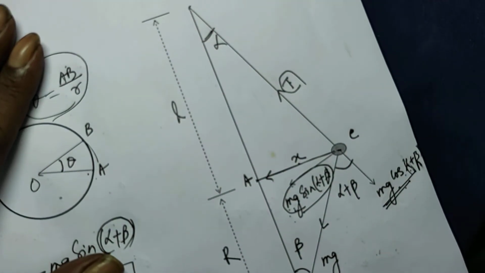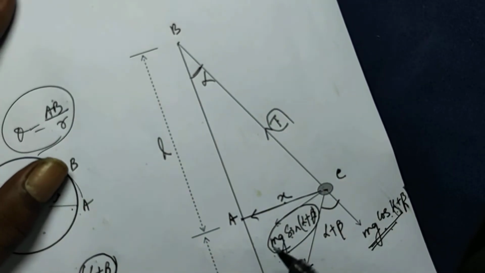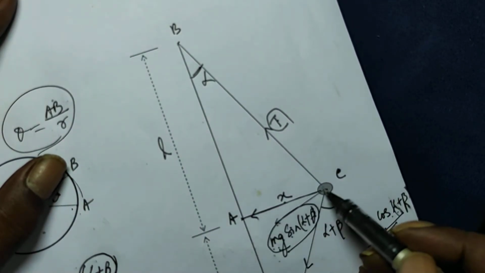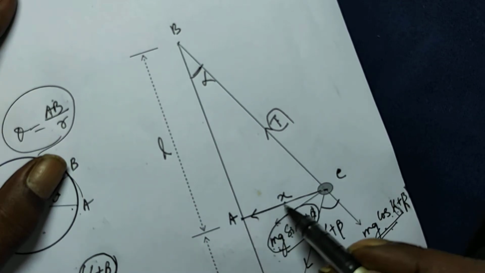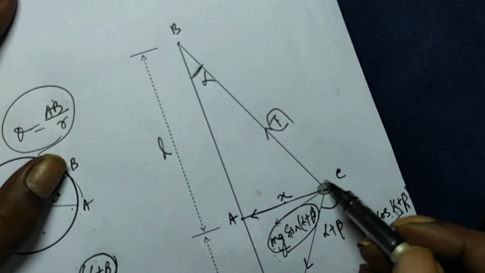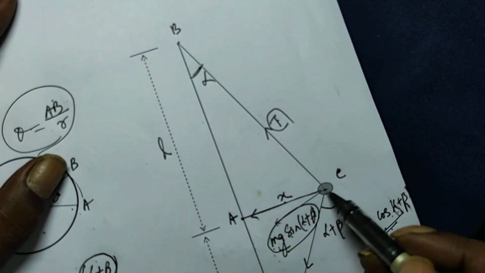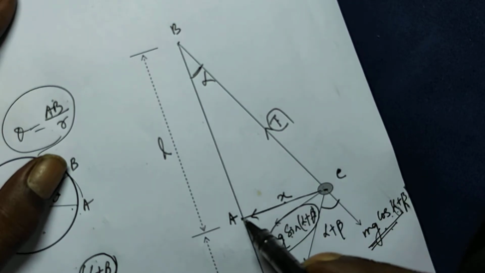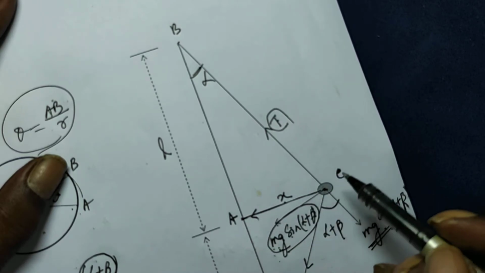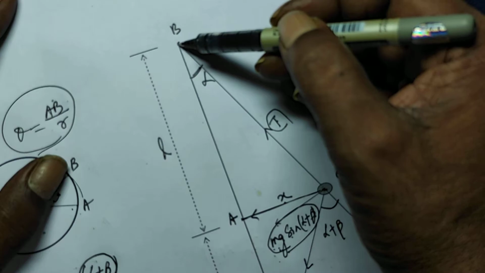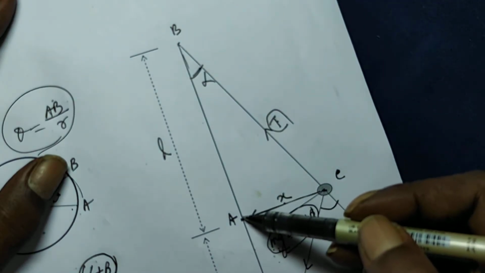Now here, if I consider AC as an arc, when the displacement of the bob is very small, from here to here, I can consider this length as an arc of a circle whose radius is L.